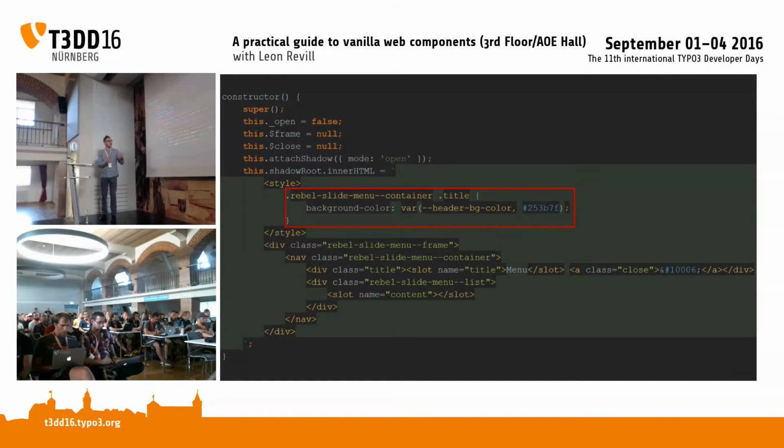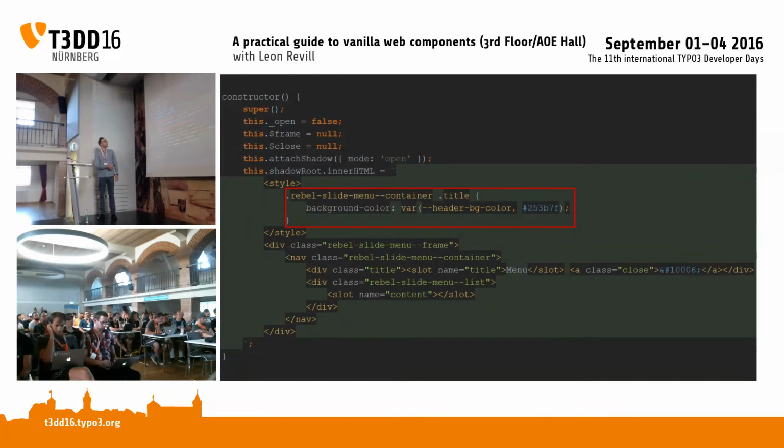So here, back in our component class, and inside the style tag, we can specify some CSS for our title menu. We can say the background color should be whatever this CSS variable value provides. If that isn't available, we can provide a default. So just like with slotting, we can provide defaults for these things, so it'll always fall back to something useful if a user hasn't specified that.